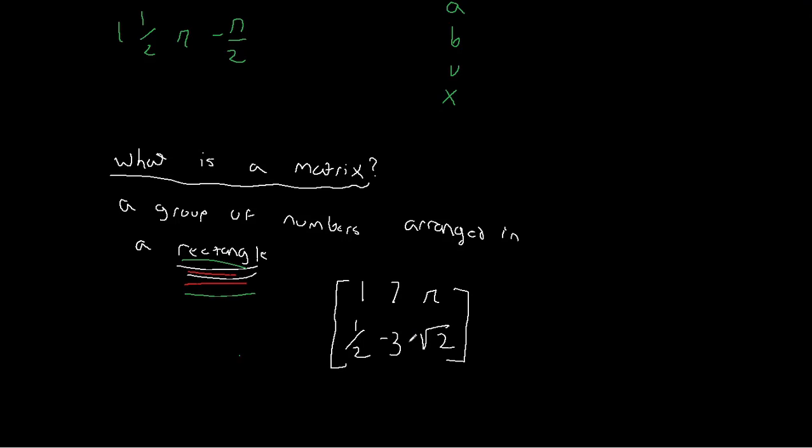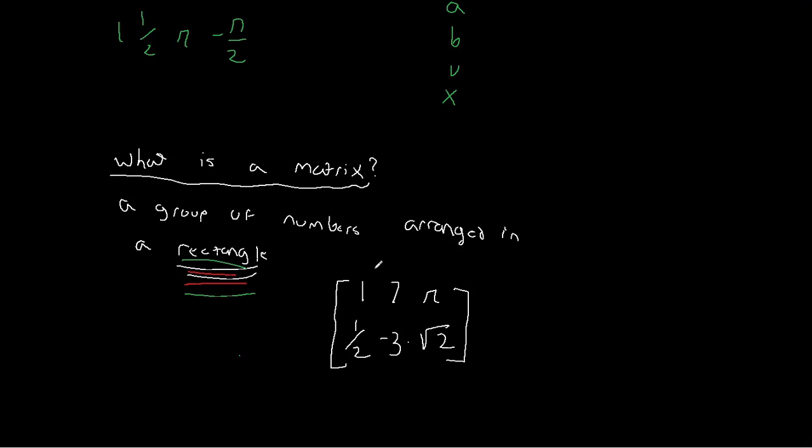Right, and you'll see that what I've done here is I've taken these 6 numbers, and I've arranged them in a rectangle where we have 3 numbers in one row and 3 numbers in a second row. Okay, so this is all a matrix is, it's just a rectangular arrangement of numbers. Okay, so hopefully that makes sense.